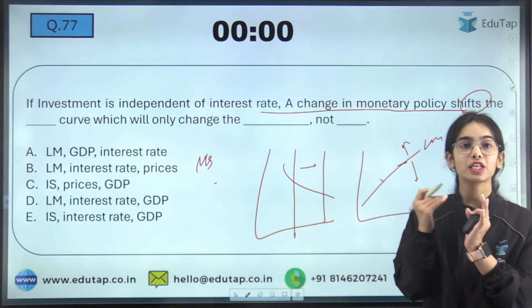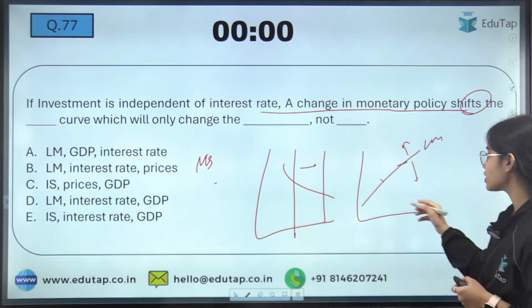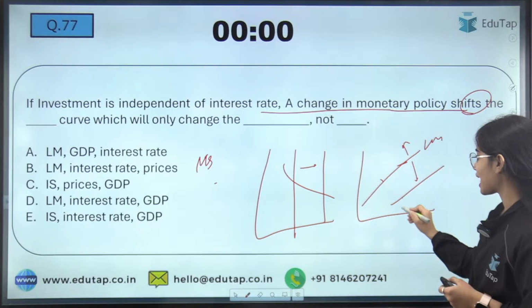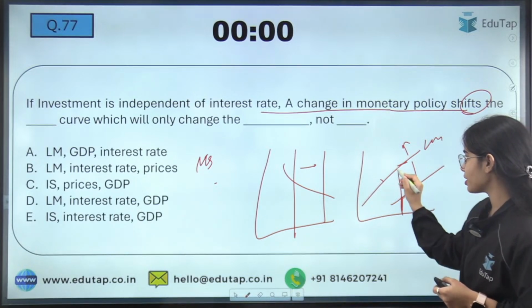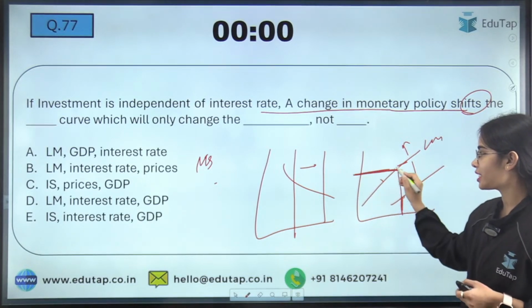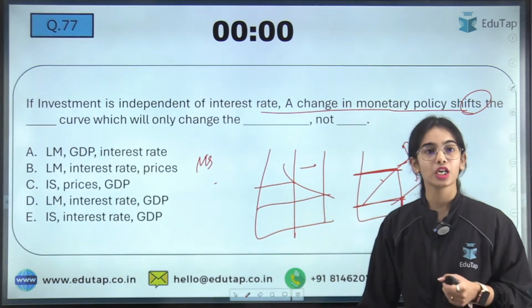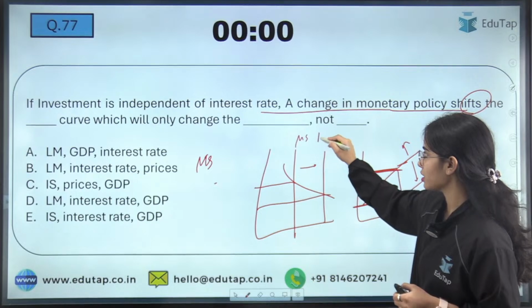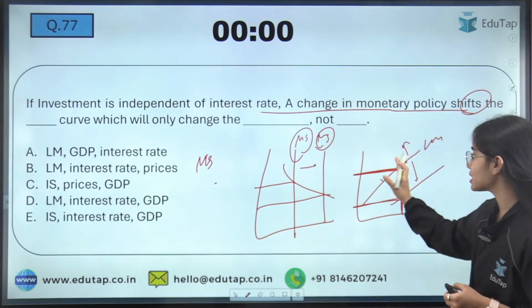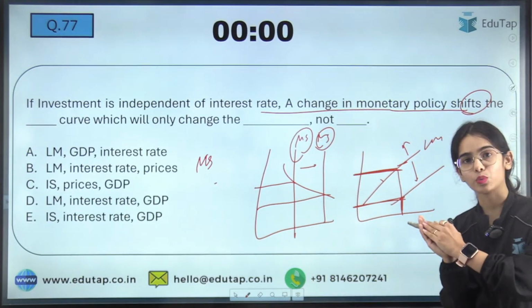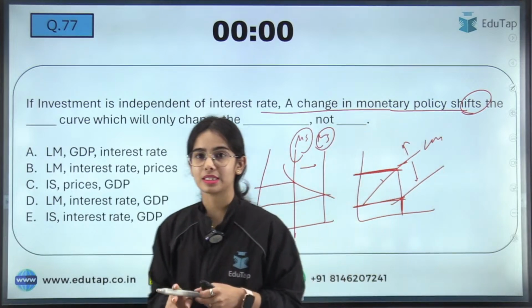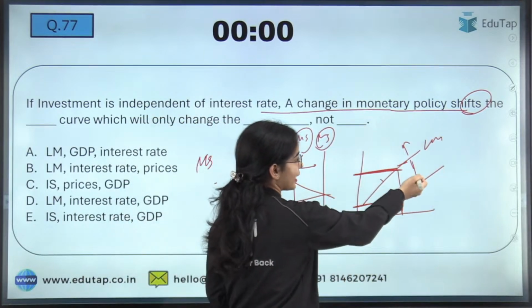So if money supply is increasing, there will be a rightward shift in the LM curve, because at the same level of income, before there was a higher rate of interest, now there is a lower rate of interest, as you can see. Yes, there is a rightward shift in the LM curve.